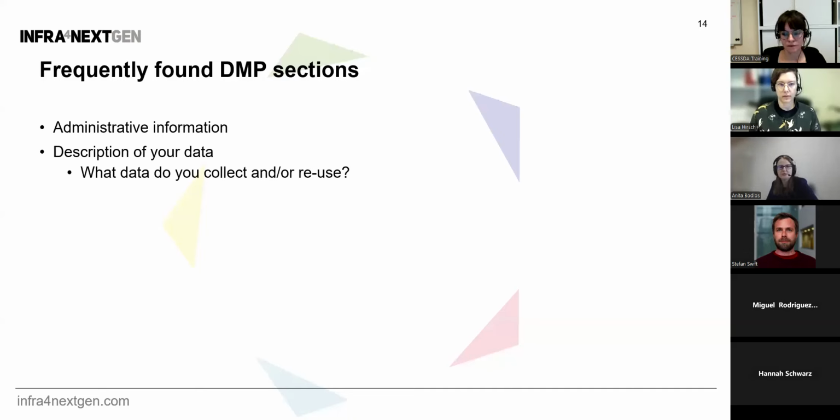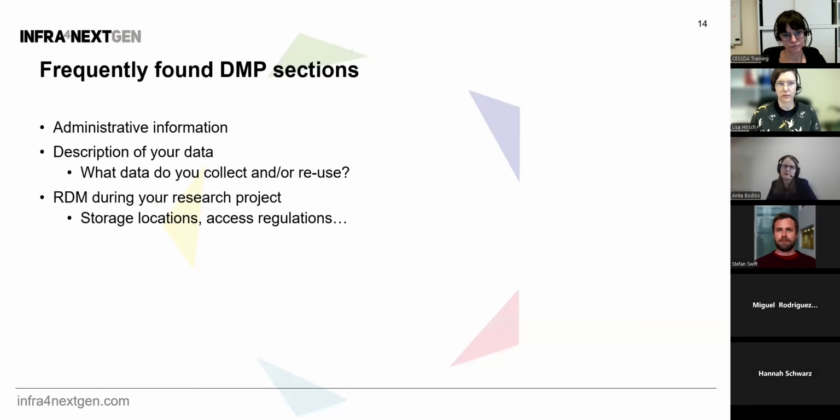Then usually a description of your data follows. So how does the data look like that you handle in your research project? Do you collect data or do you reuse data? If you reuse data, what are possible restraints, for instance, which licenses are assigned to your data? These are aspects that you can and should discuss in this section.